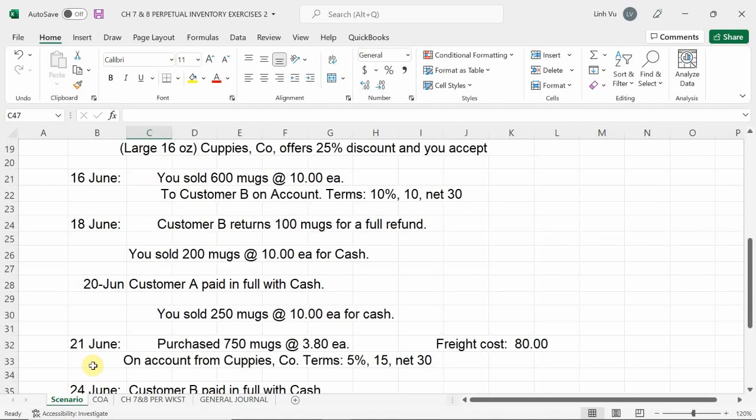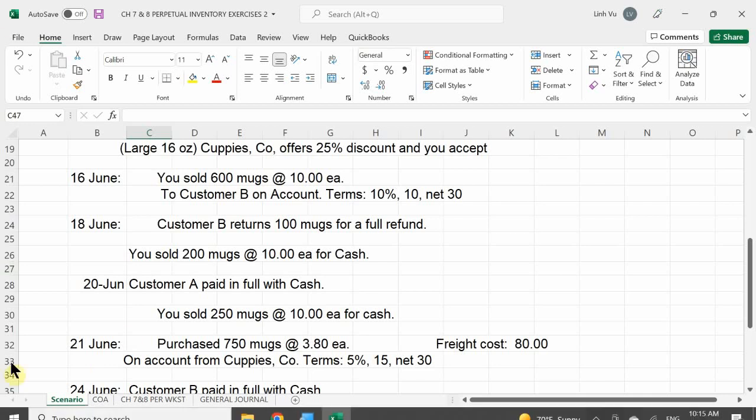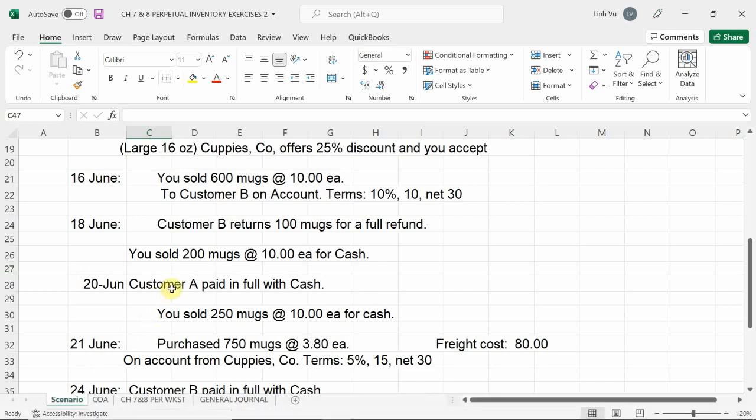So let's see what happened next. June 20th, customer A decides to pay in full with cash. So we sold to customer A, and let's take a look at that, because customer A is paying for what they owe.